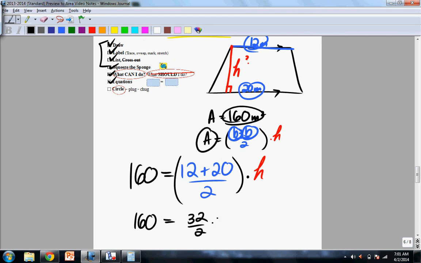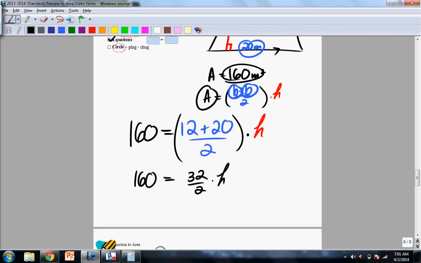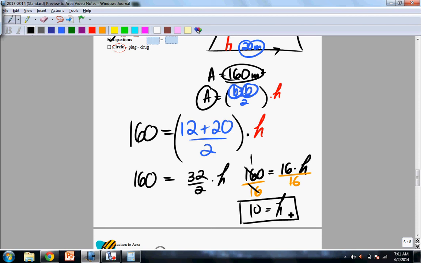That equals 32 over 2 times the height. That's 160. That's going to be 16 times the height. Divide both sides by 16, and our height is 10. Oh, don't forget units, meters.